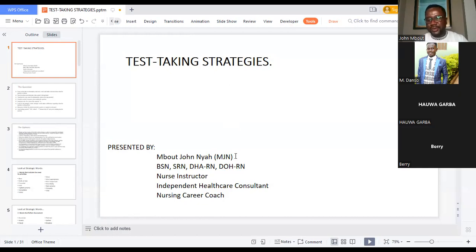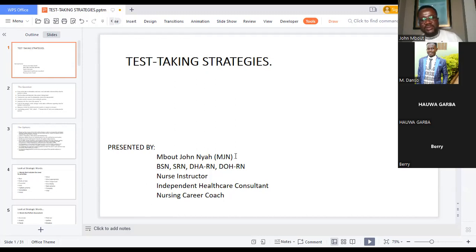And today we're going to be talking on test-taking strategies. You can apply these strategies in any examination you are preparing, whether you are a student nurse, whether you are preparing for a medical exam, a nursing exam, pharmacist, whatsoever.